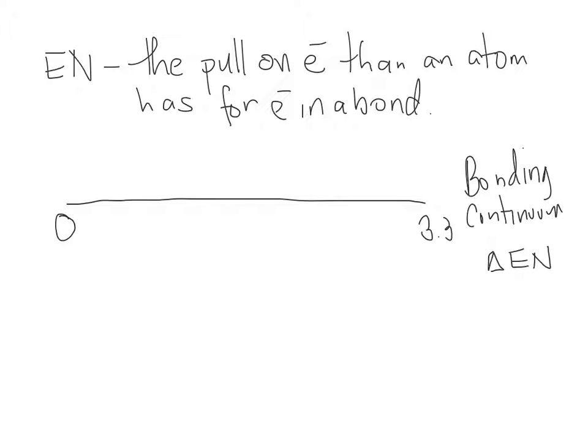So 3.3 is the biggest difference we can have. If you are exactly 0, there's no difference in the pull whatsoever, you are pure covalent.